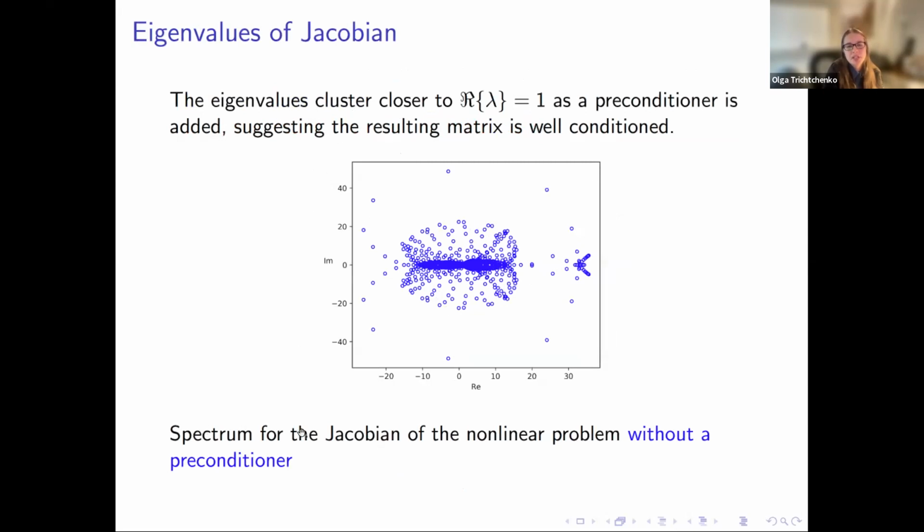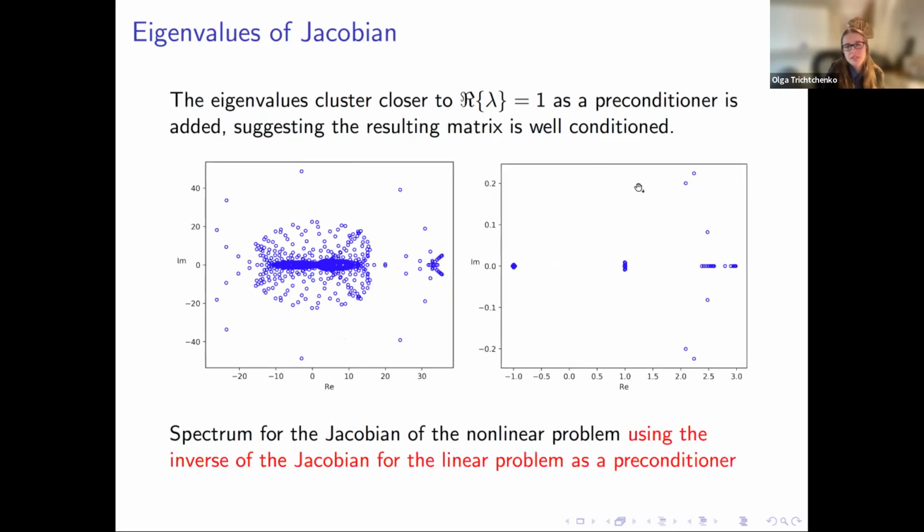If you look at the spectrum for the Jacobian of the nonlinear problem without the preconditioner, you can plot the real versus the imaginary parts of the eigenvalues. The real parts go from -30 to roughly 40, and the imaginary parts go from -50 to 50 roughly. So it's not so poorly conditioned, but it's not ideal, because essentially you want these real parts of the eigenvalues to look like 1 if you're trying to approximate that identity matrix of the preconditioner.